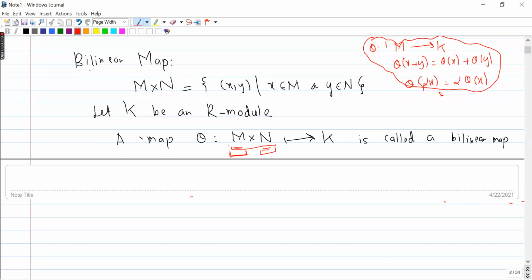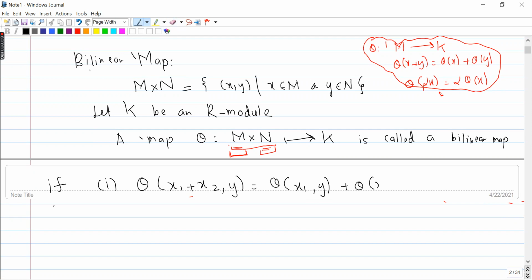So how can we write it mathematically? Number one, theta of (x1 plus x2, y) is equal to theta of (x1, y) plus theta of (x2, y).